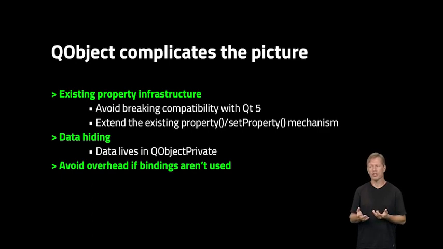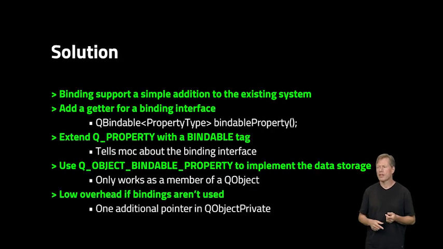It doesn't live in QObject itself for most of the things that we are doing in Qt. And we wanted to avoid both memory and runtime overhead if bindings aren't used. You saw in QProperty that every QProperty uses one additional pointer to store a pointer to the bindings. If the property system is not used, it would be nice to avoid that memory overhead. So what's the solution? Let's have a look.